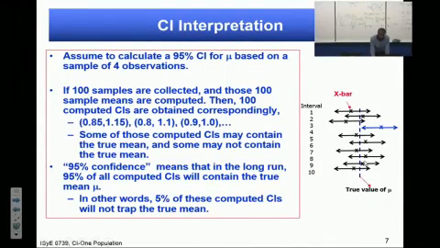Some of them don't. So what is the expected proportion of confidence intervals which include the actual value of mu? It's 95%. That's the interpretation of 95% confidence. If we do it for so many different samples, then 95% of those confidence intervals include the actual value of the mean, and 5% do not. Any questions?